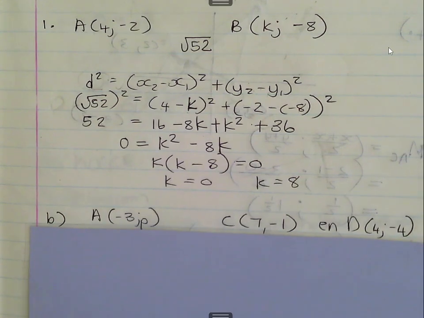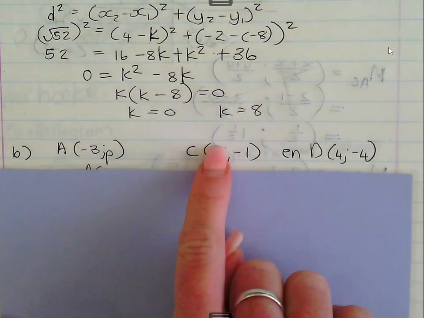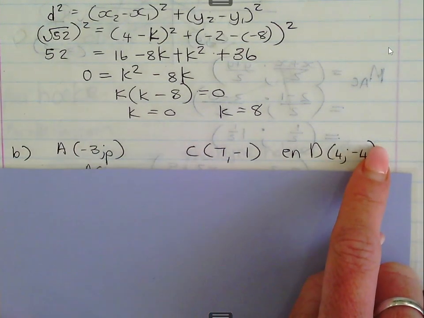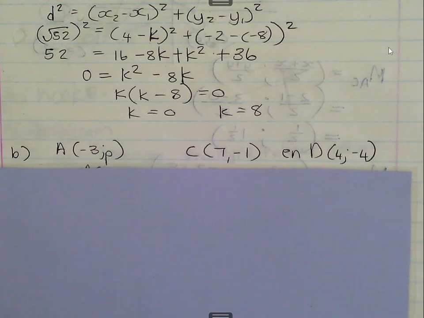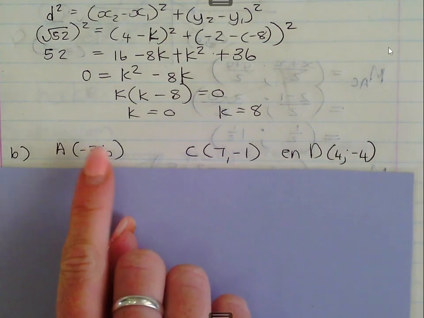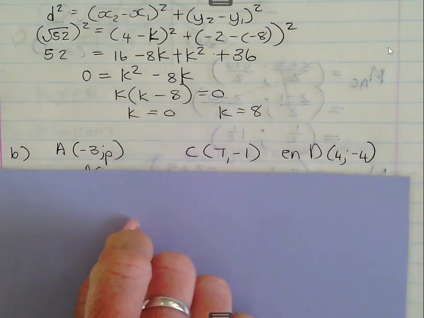Okay, B was a bit more difficult. So what they're saying here is they are telling you that the distance between A and C is the same as A and D. But in actual fact, if you think about this, you've got two unknowns, two variables in this sum. You don't know what the y value of A is, and you also don't know what the distance between them are.